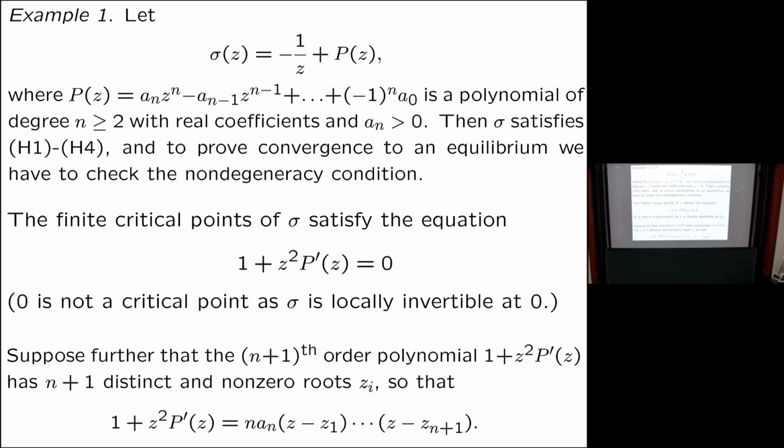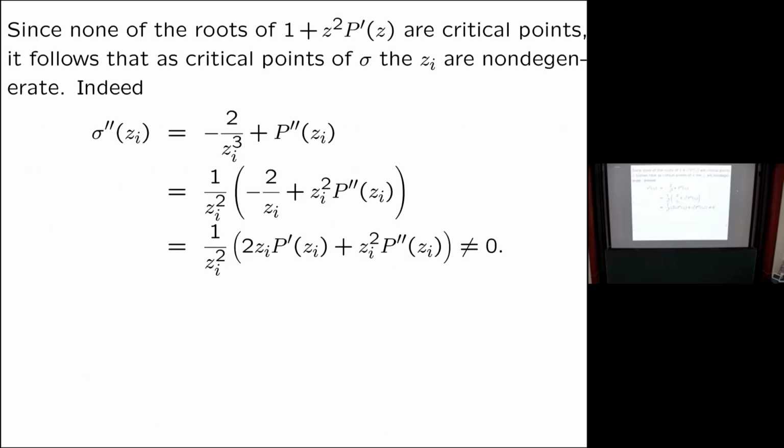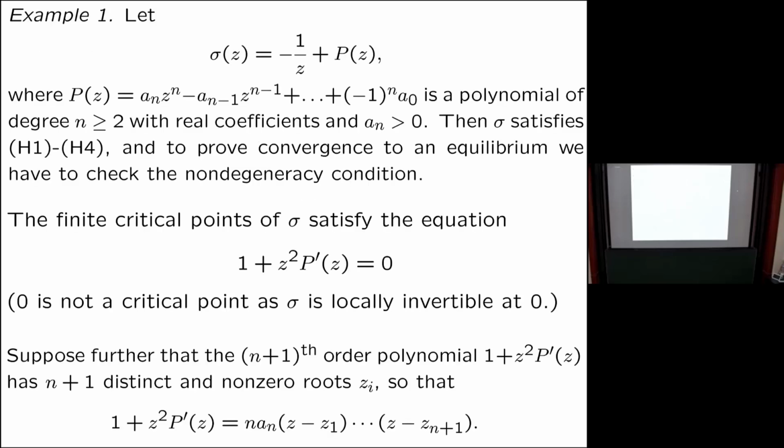And we suppose further that this polynomial has n plus 1 distinct non-zero roots, so that you can write it as a constant times z minus z1 up to z minus z n plus 1. Now, we're supposing that this polynomial has distinct roots.